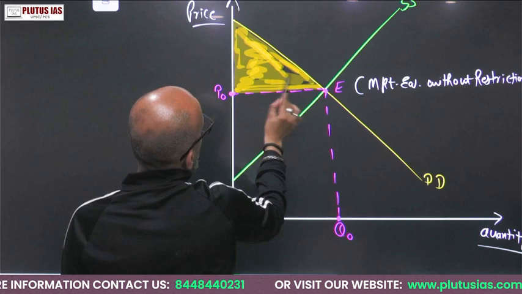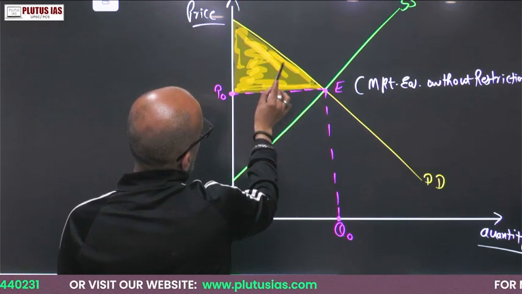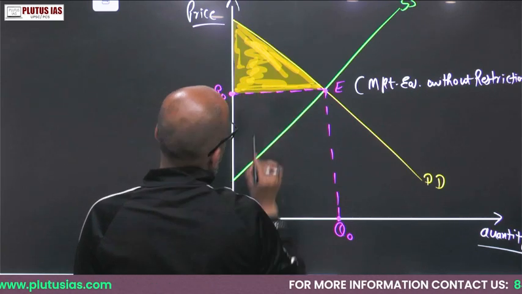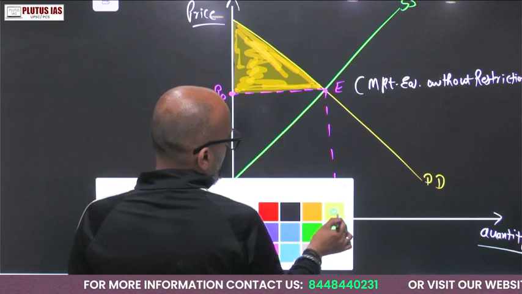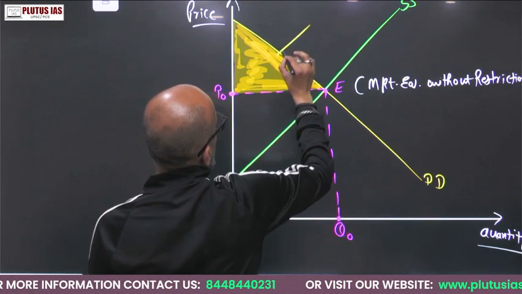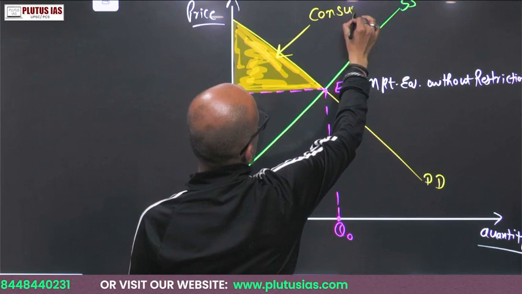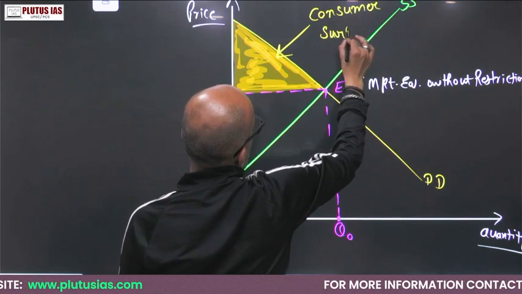So this is the shaded region that I am talking about. So this yellow color shaded region is representing consumer surplus. It is consumer surplus.